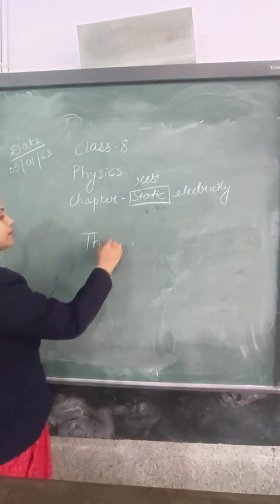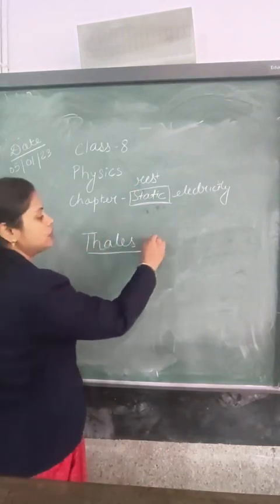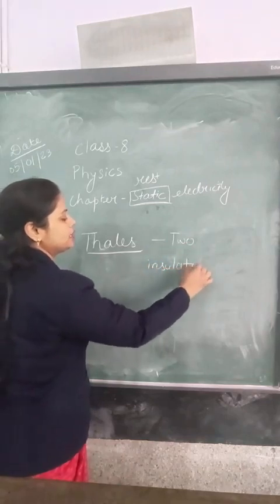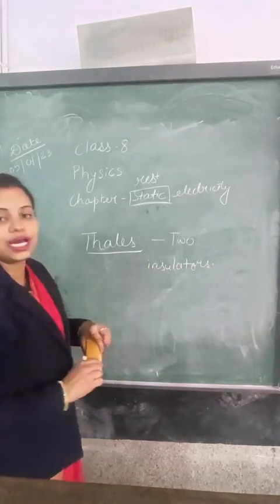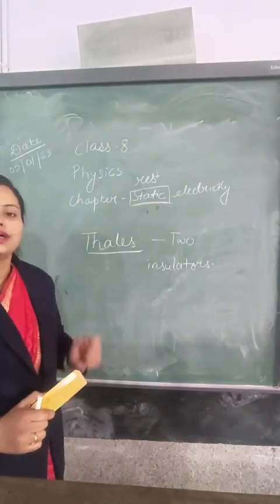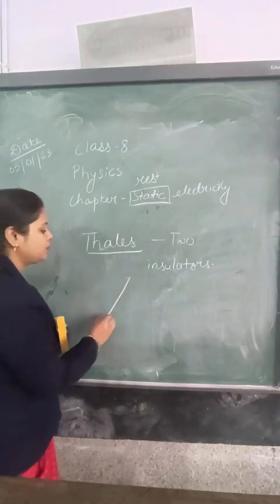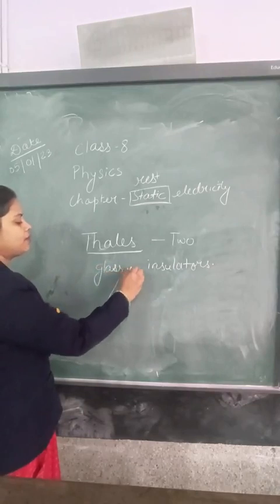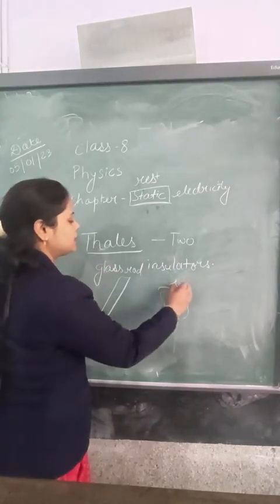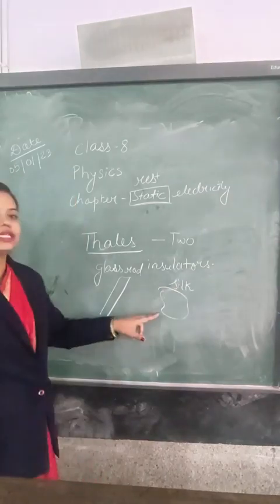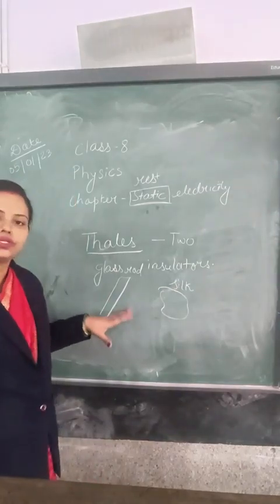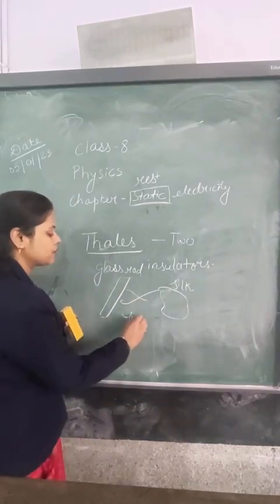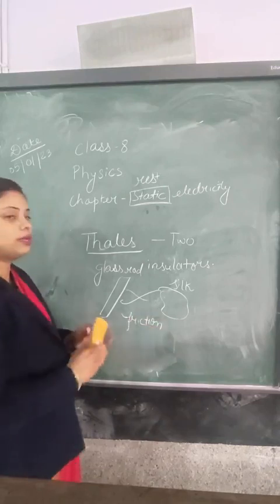Thales stated that two insulators can also be charged by static electricity, where the electrons are at rest, and these electrons come from the friction of the two insulators. If we take a glass rod and rub it with a silk cloth, silk is an insulator and the glass rod is also an insulator, but when they are rubbed together, due to friction the charges flow from one body to another.